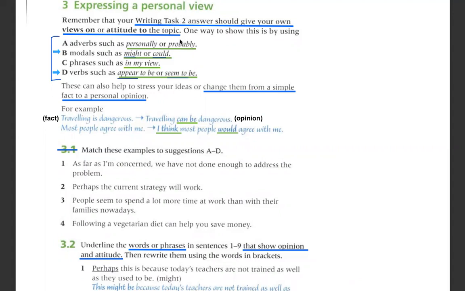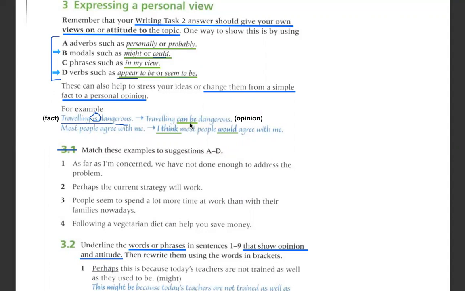If you have a look at this sentence over here, traveling is dangerous. This is a fact. I'm stating this as a fact. But what we want to do is give our opinion. So we can change it from the present simple is to using a modal. Traveling can be dangerous. Traveling might be dangerous.